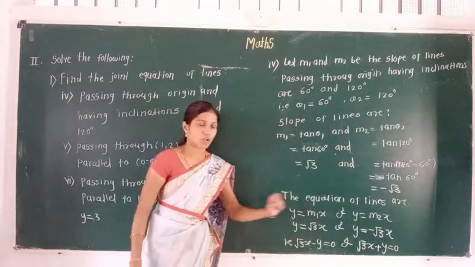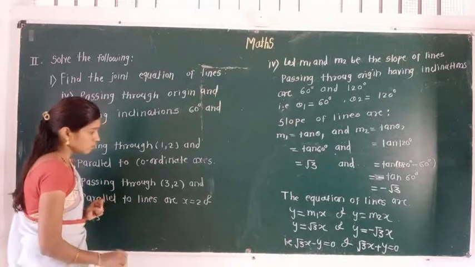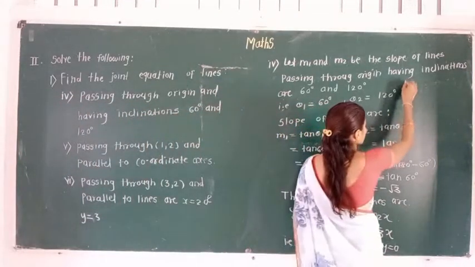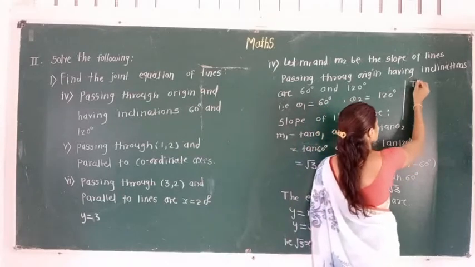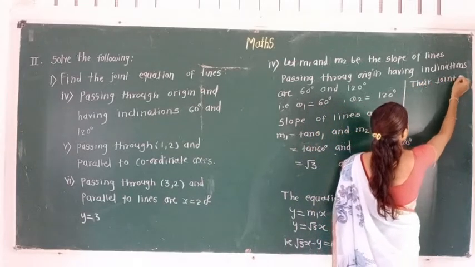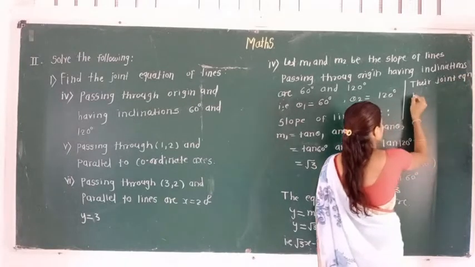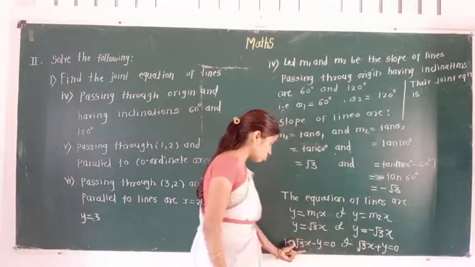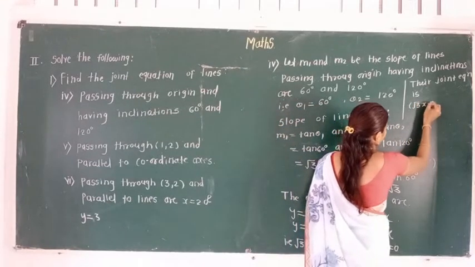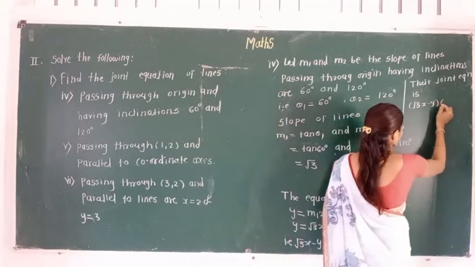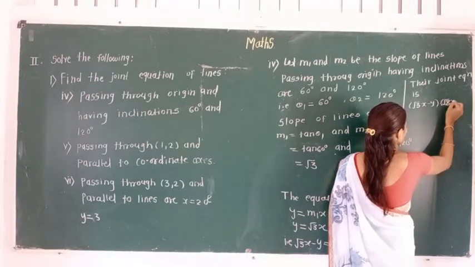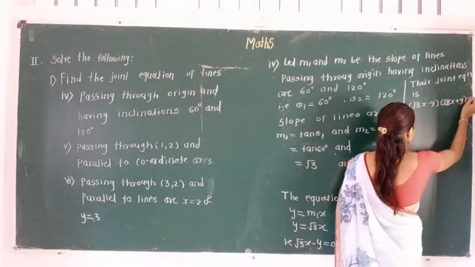Now the joint equation is: first equation √3x minus y, second equation √3x plus y, equal to 0.